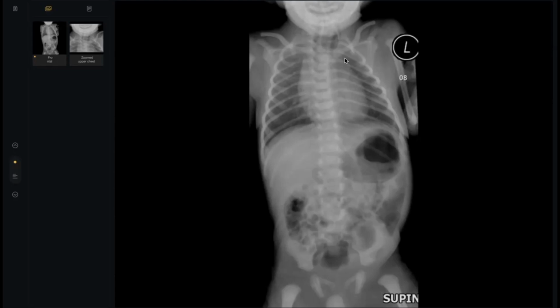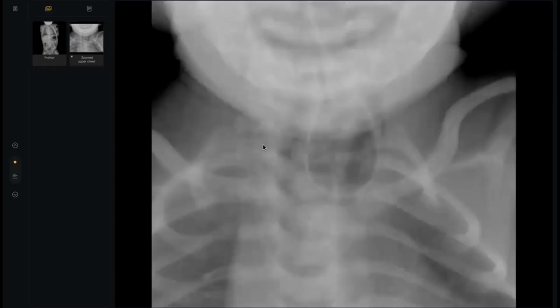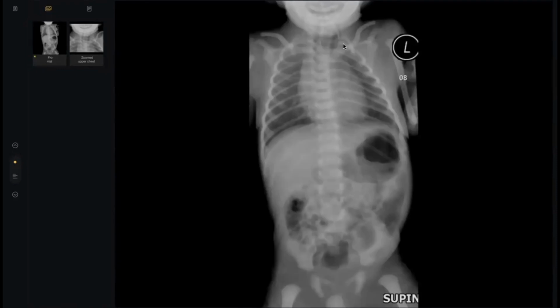I think 99% of the pathology of the babygram will be within this mind map. So tell me, what is this? Oh, so it's a malpositioned feeding tube. It is going upwards, back into the oropharynx. Yes, the tube here. What is this location?